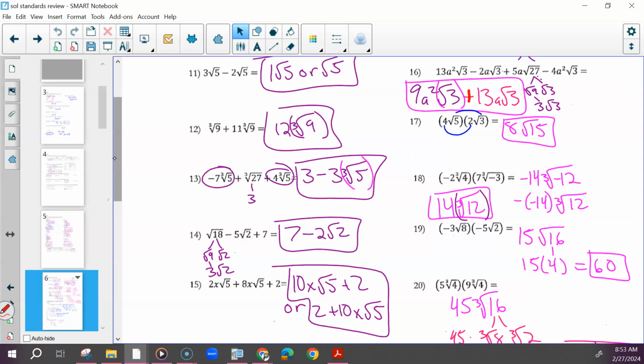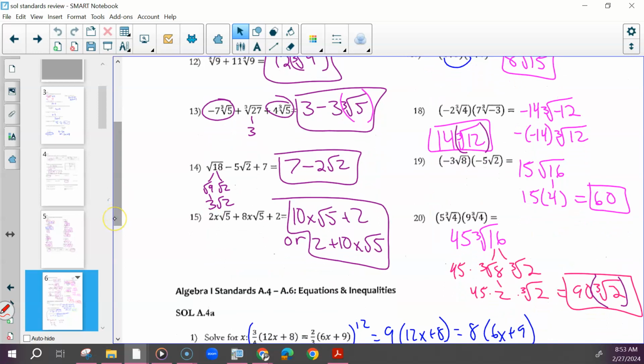And then I'll scroll down for 20 in just a second. Was 90 times the cube root of 2.